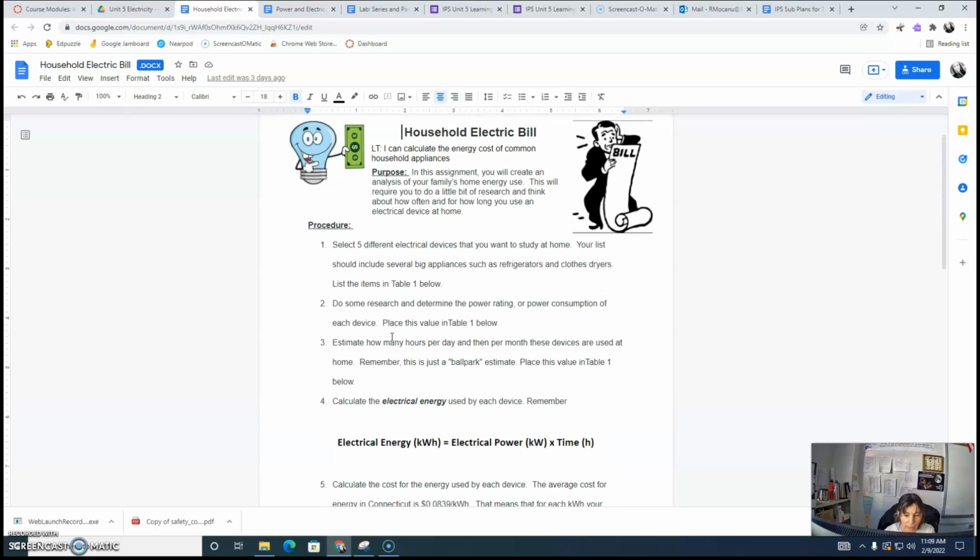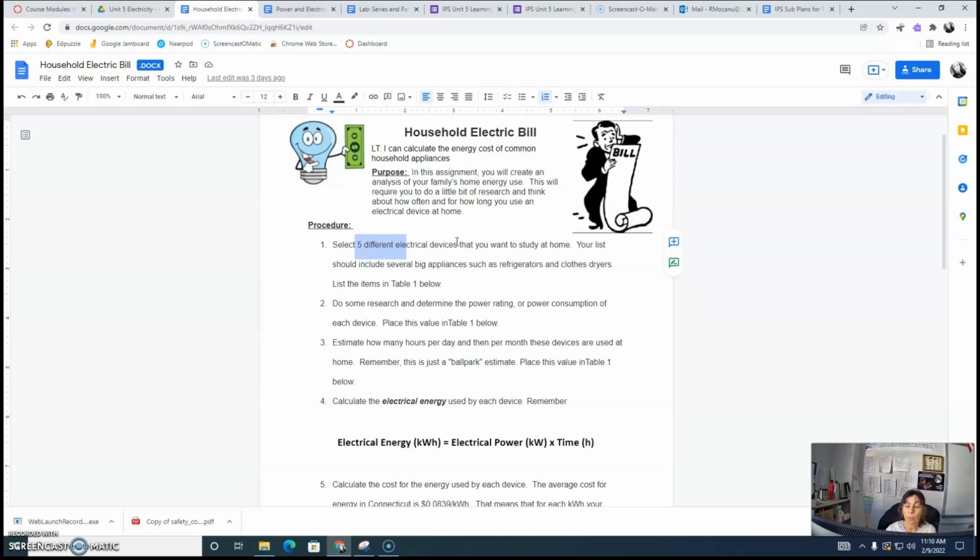It's asking you to calculate electrical energy for several appliances in your home. So pick some appliances in your home. It's asking for 5 different electrical devices or appliances. You can pick anything from a stove to a dryer to a hair dryer to a light bulb.